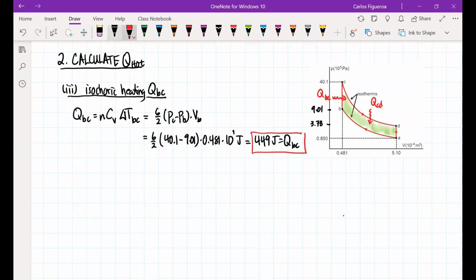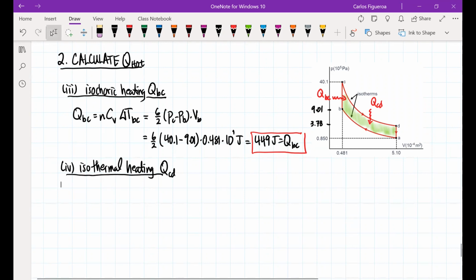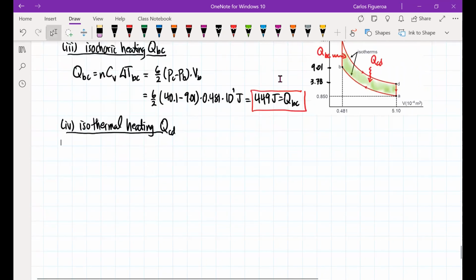Now I have the isothermal heating, QCD. Here we'll use the work to calculate that isothermal heating, and it goes something like this. So let me bring this up.